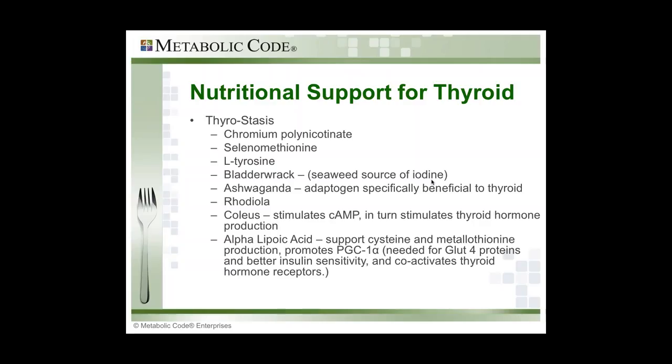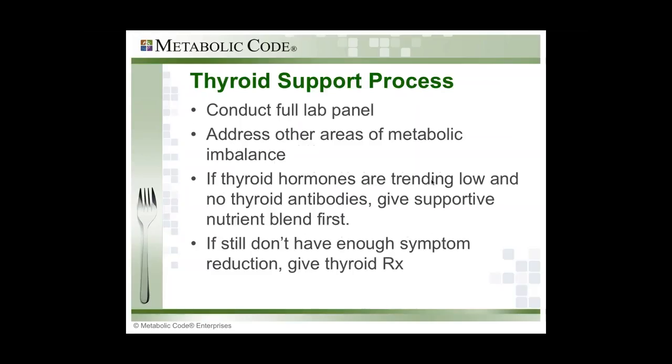So alpha lipoic acid is in there because it's a source for cysteine. It also supports metallothionein production, and I'll explain why that's important here in just a minute. But PGC1 alpha is a co-activator of thyroid hormone receptors. So alpha lipoic kind of helps get that machinery going.